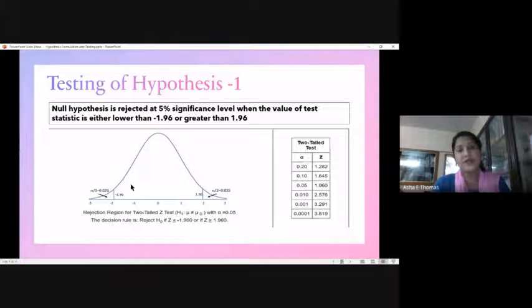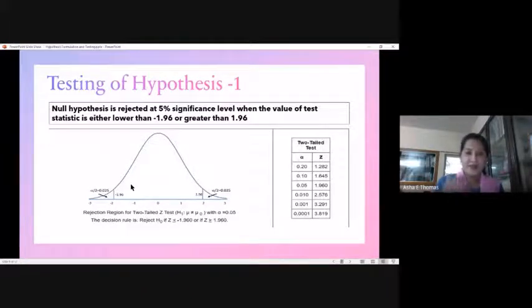Based on the type of distribution, I decide which test to apply. Normally for a small sample size we go with the t-test, and if the sample size is larger, we go with the z-test. You are yet to learn this, but this is the theoretical perspective we have to understand.